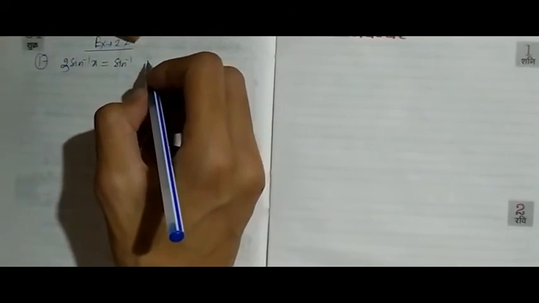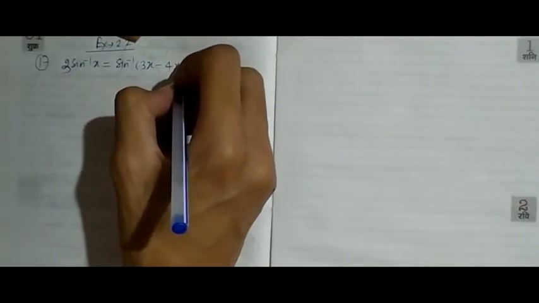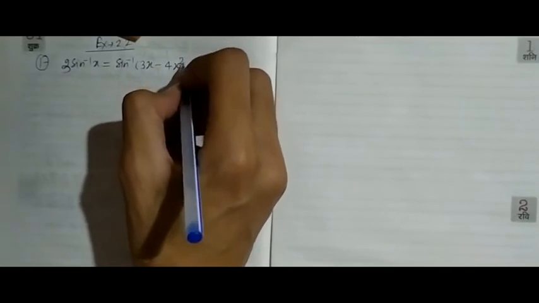I am discussing exercise 2.2 of inverse trigonometric functions. The first question is that 3 sin inverse x equals sin inverse of 3x minus 4x cube.